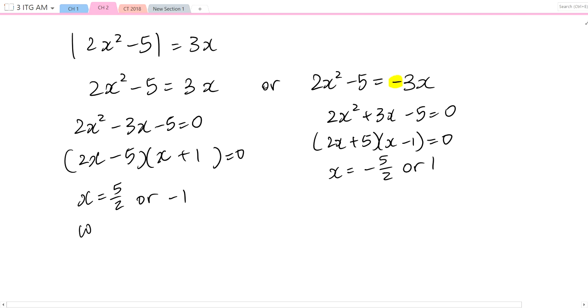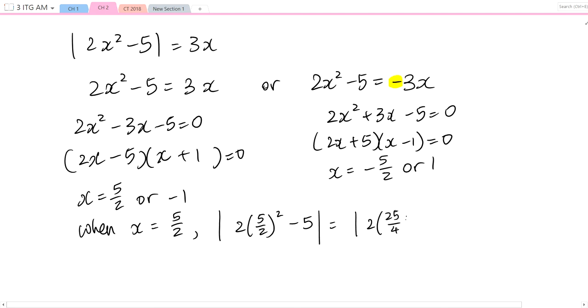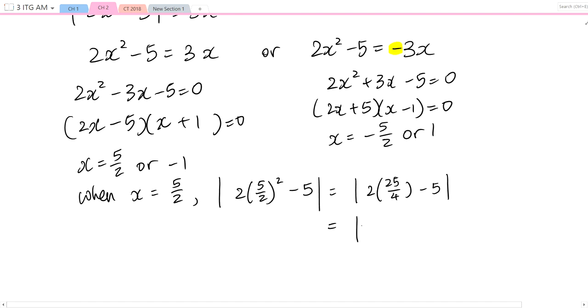So when x equals 5 over 2, our left hand side gives us modulus of 2 times 5 over 2 squared minus 5, which is modulus of 2 times 25 over 4 minus 5, 12.5 minus 5, which is modulus of 7.5, which is simply 7.5.